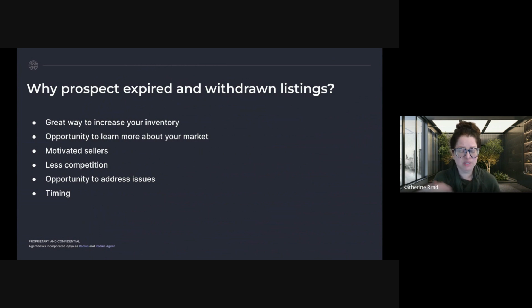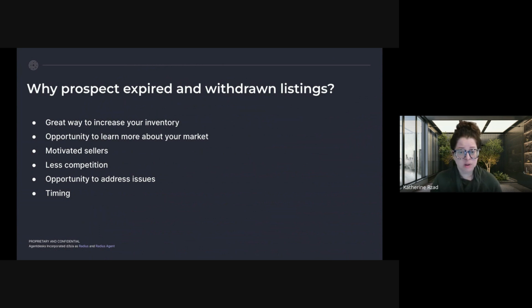This could be due to various factors, such as the listing not attracting enough interest, either personal circumstances or even market conditions. So they might be open to new approaches to selling, and they might want to reconsider going back on the market.